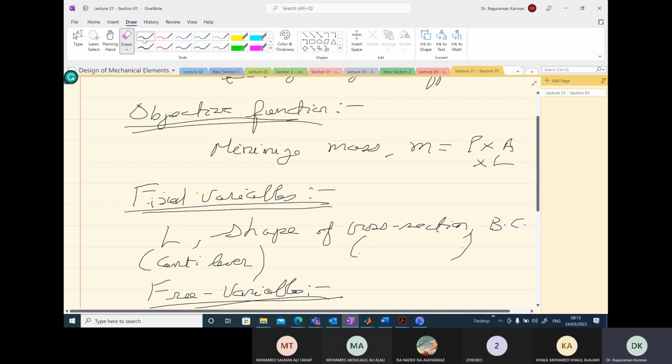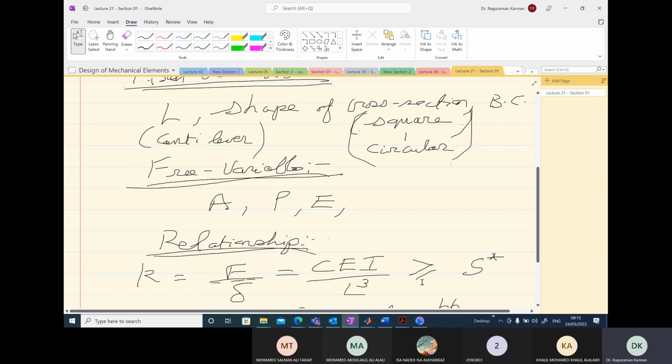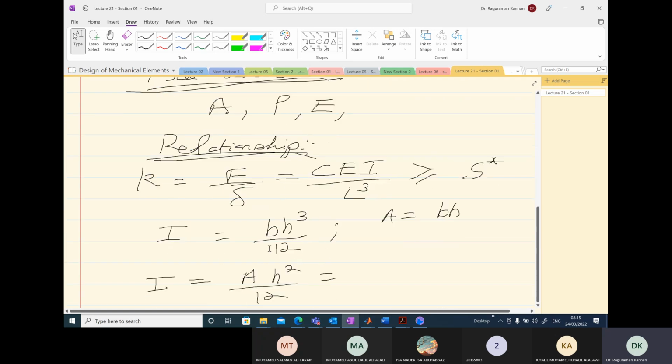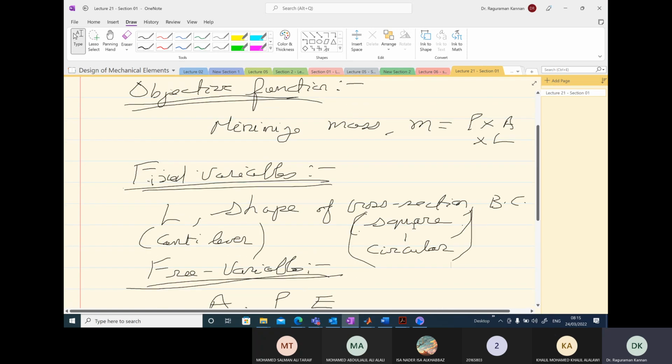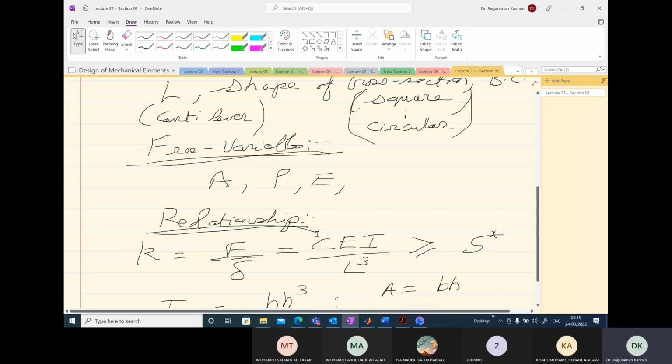We can choose to simplify the problem. We can choose a square cross section. This is one possibility, or circular cross section. We need to derive the material indices, and we can derive the material indices only if it is a square or circular cross section.